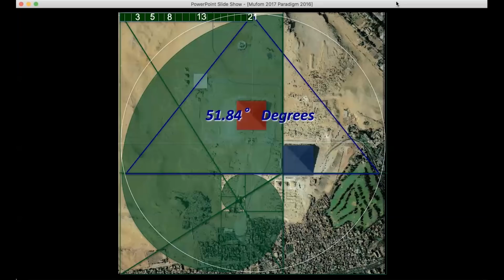And that could be right in the bedrock, which a lot of it is. So I think the overall plan was conceived in the beginning. Whatever the Sphinx was created, however old that is, that's how old this whole plan is.